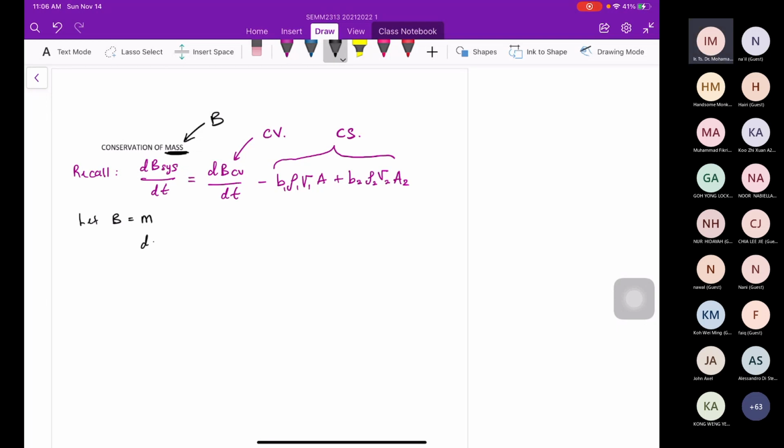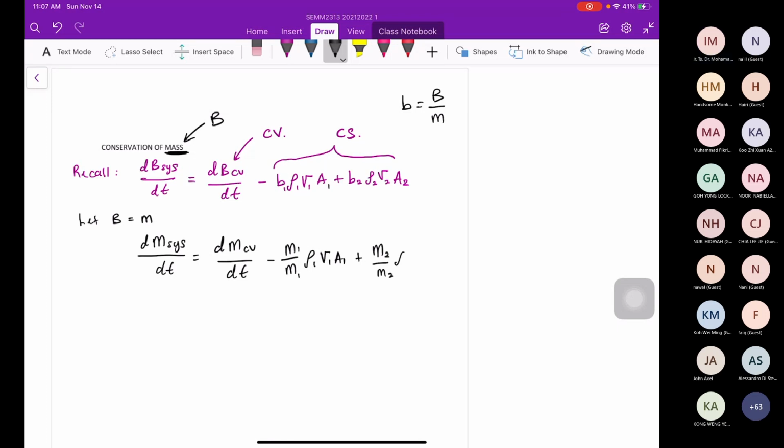So dM of the system over dt equals dM control volume over dt minus, okay, this is B and this is M. In order to get the small b, I divide capital B, which is mass, by mass. And rho 1, V1, A1 plus mass 2 over mass 2, rho 2, V2, A2. This can cancel out.